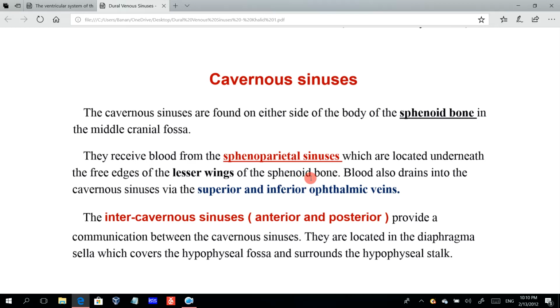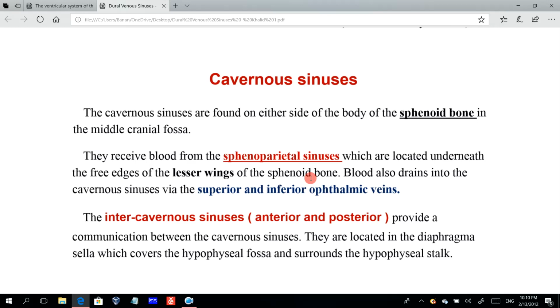Beneath the free edge of the lesser wings, we have a sinus which is called the sphenoparietal sinus, because it is between the lesser wing of the sphenoid and the parietal bone. Some of the cerebral veins also come to it from the nearby structures.